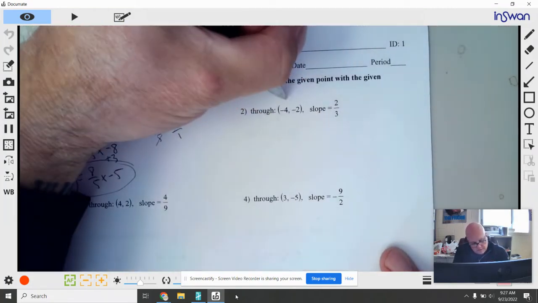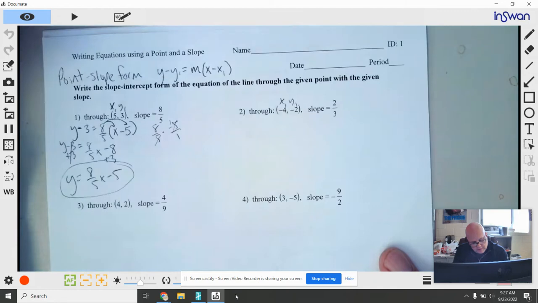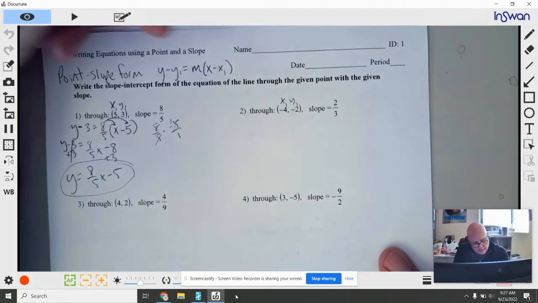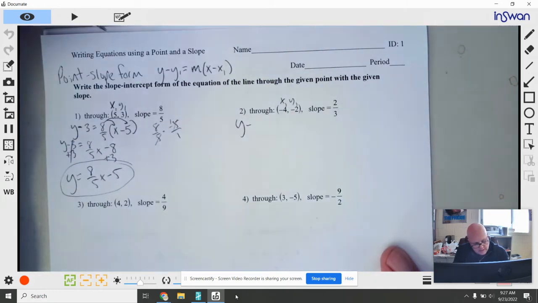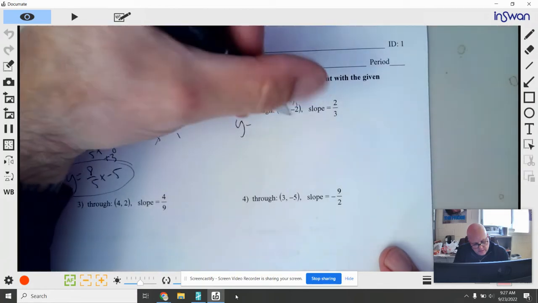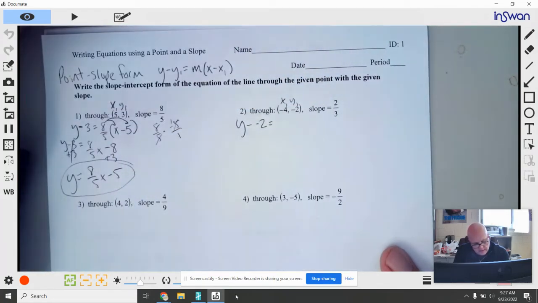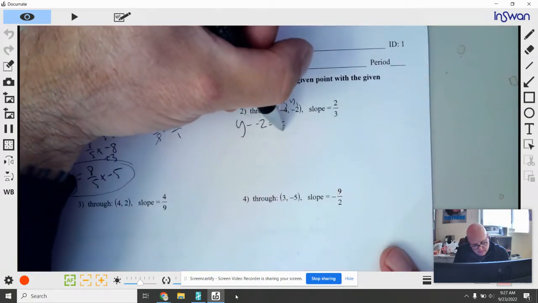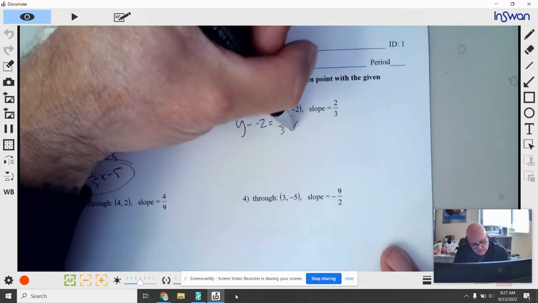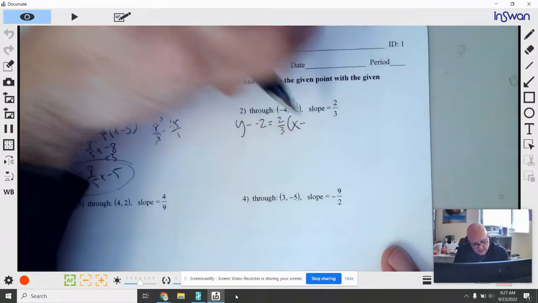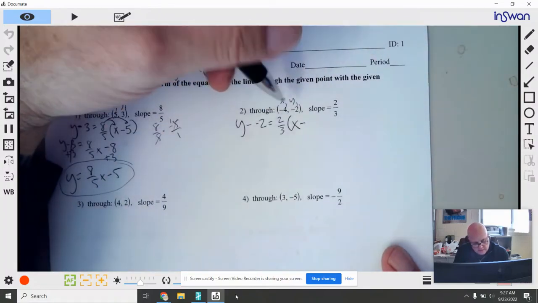So number 2, that's x sub 1, y sub 1. So again, use the formula, y minus y sub 1, our y sub 1 is negative 2, equals m, so 2/3, times the quantity x minus x sub 1, and that's negative 4.